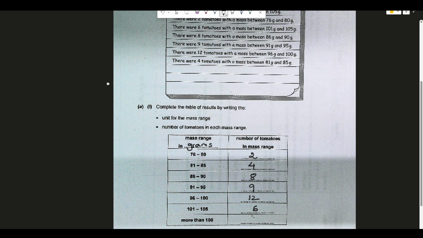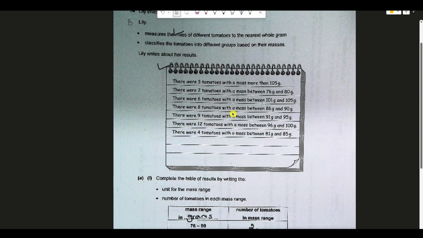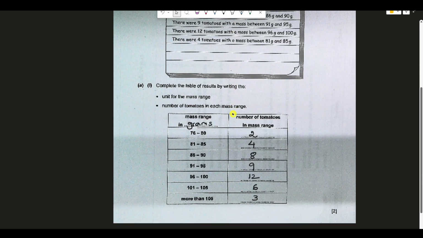So all you have to do is make this table from the result. That is question number AI.